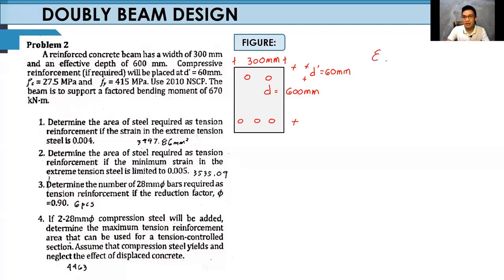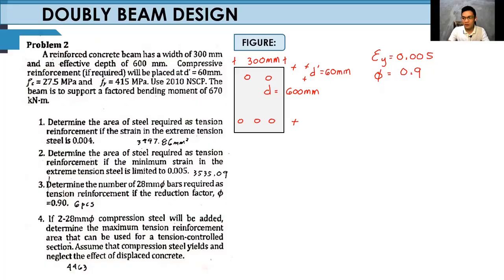If our epsilon t natin is 0.005, that is automatic po na phi natin is 0.9. Ayan. Muntik na, no? Nakalimutan. Okay. So, pag ganyan, lahat ng process natin is the same. Ito yung mga phi yung ating change.